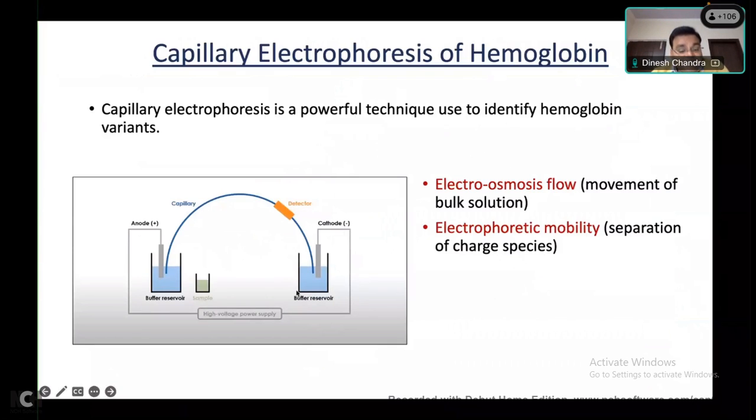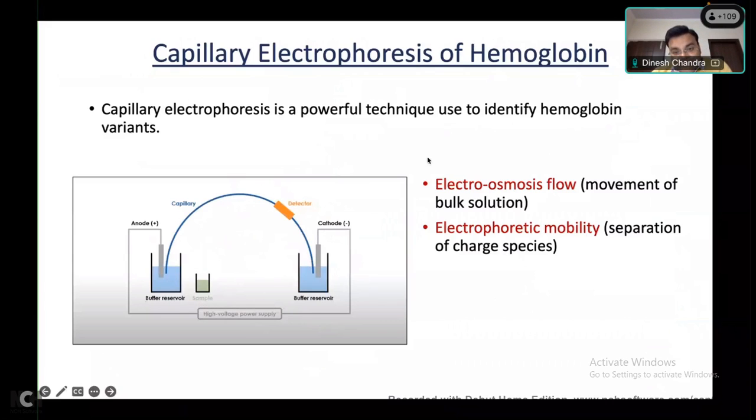Here is the buffer reservoir, and a capillary is connected to this. In this reservoir there are two platinum electrodes, supplied by the high voltage power. The sample is injected from one side and detected on the other side. Usually the detector is towards the cathode because all the hemoglobin variants move towards the cathode.